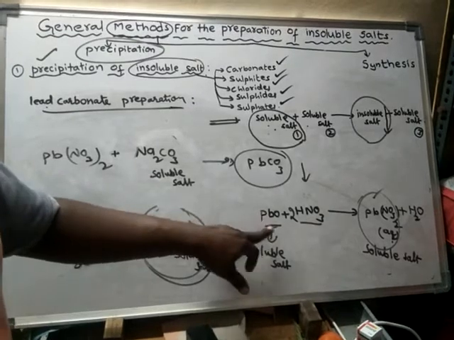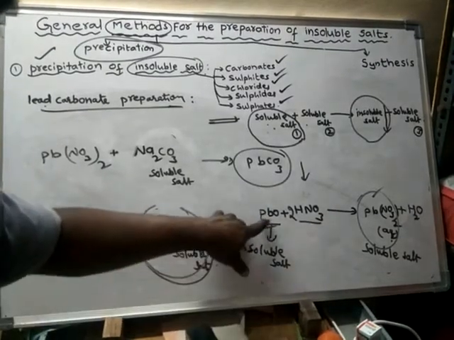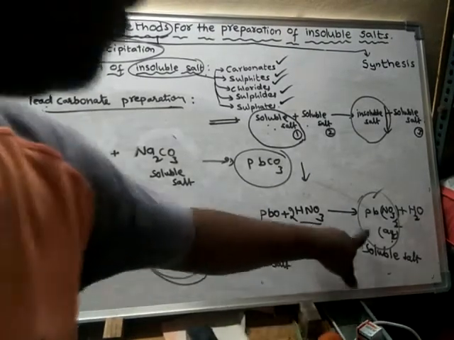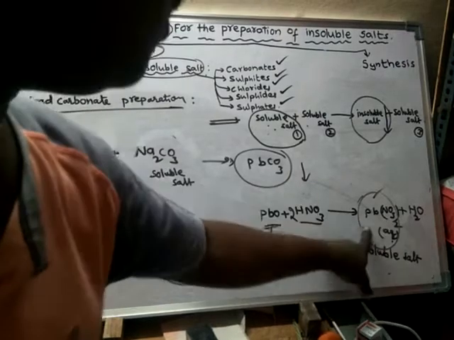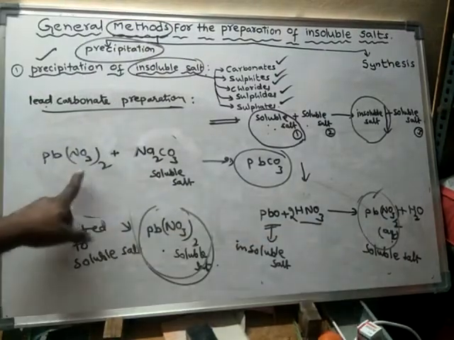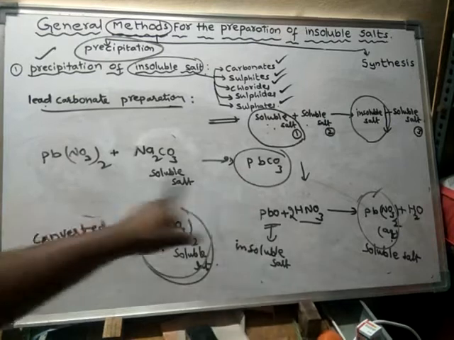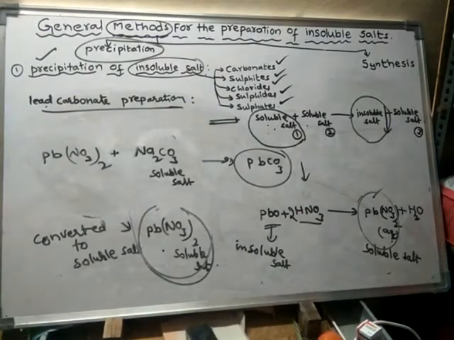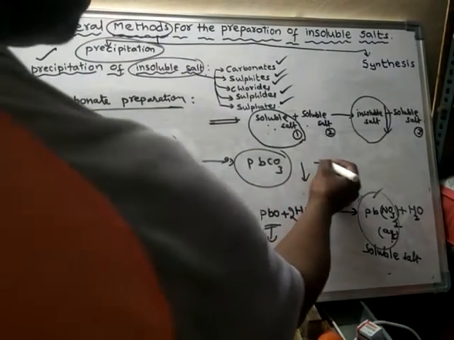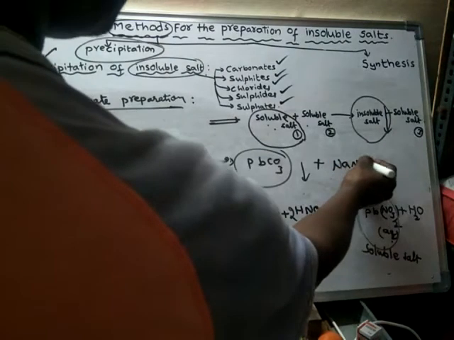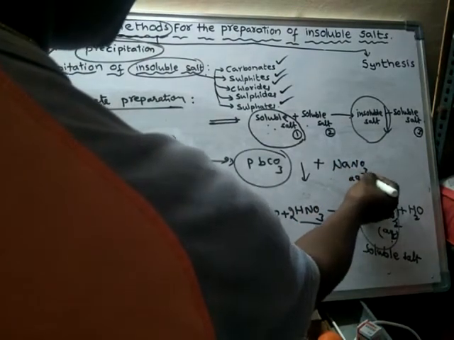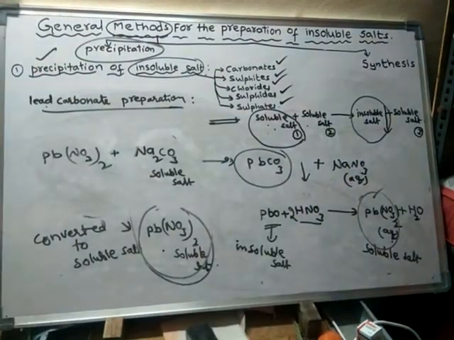This insoluble salt is made into a soluble salt, and now this soluble salt is used for the precipitation reaction. So the reaction will go like this and forms sodium nitrate solution and lead carbonate like this.